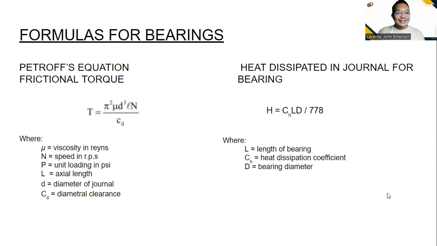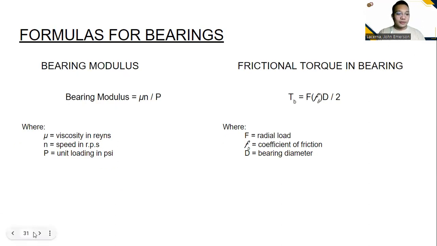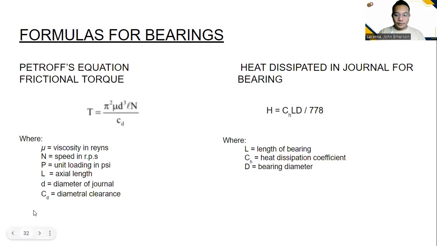Okay. Next, Petrov's equation. Friction equation in frictional torque then. So, kanina meron tayong frictional torque. And ngayon, bakit meron din Petrov equation din for frictional torque din? Anong kaibahan ba niyan?